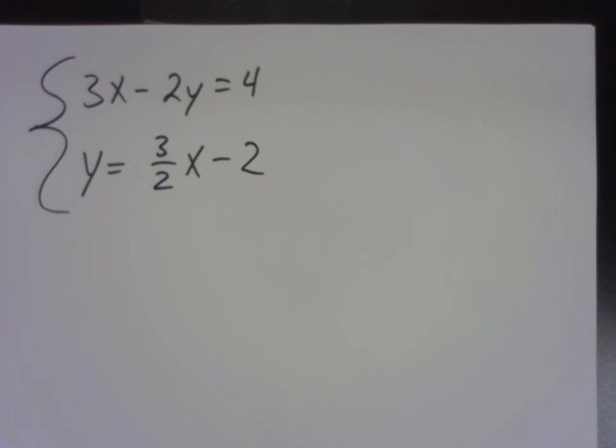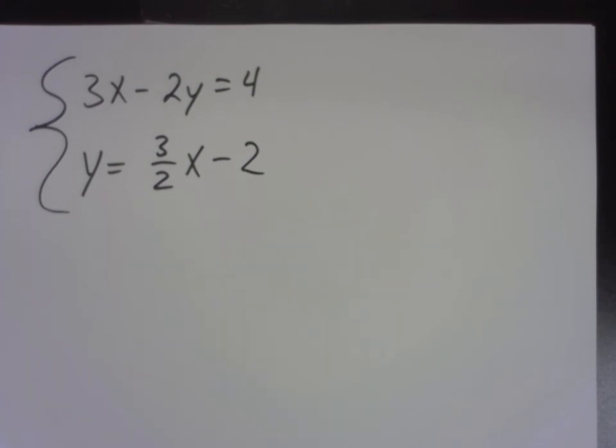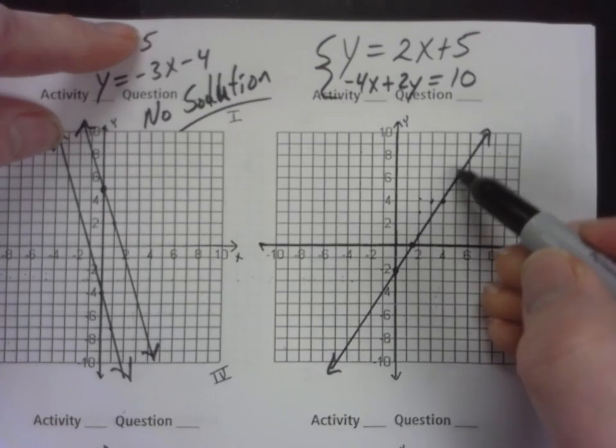What does equivalent mean? Same. They have the same solutions, right? They have the same solutions. So if I graph both these, they're going to be the same line on the graph. We already graphed them, by the way. They're both this line right here.